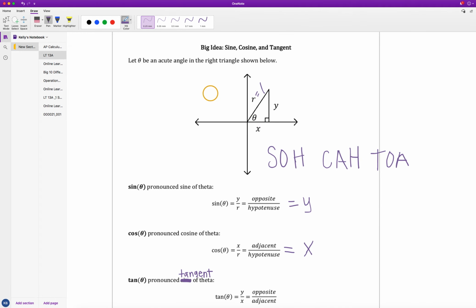Now, if I have a triangle out here in quadrant 2, let's say I have the terminal side of this, let's make it somewhere over here, whatever this angle would be, then theta would actually be that angle right there. To get our right triangle, I would drop a line perpendicular to the x-axis, and I would get this right triangle here.